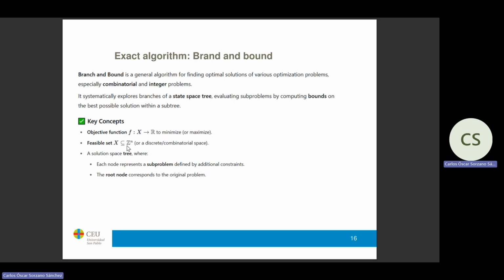You have a feasible set that is included in the set of integer numbers, and the solution space is a tree. Each one of the nodes will represent a sub-problem with some more constraints than the original, and the root node corresponds to the original. So you start with the original problem, and then you start subdividing into more specific sub-problems.